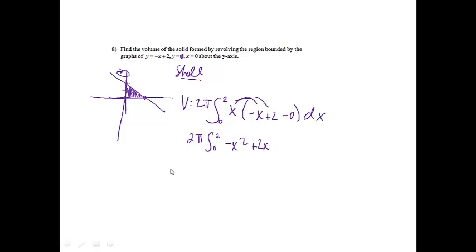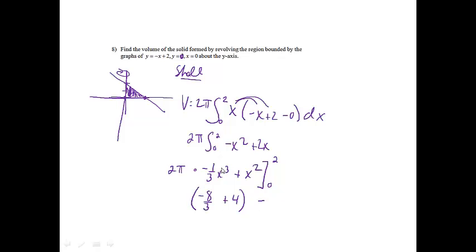And then from here, I'm going to go ahead and take the integral of that. This is going to be negative 1/3 x cubed plus x squared. I'm going to evaluate it at 0 and 2. If I plug 2 in, 2 cubed is 8 times negative 1/3 is negative 8/3. And then plus, when I plug 2 in there, 2 squared is 4.